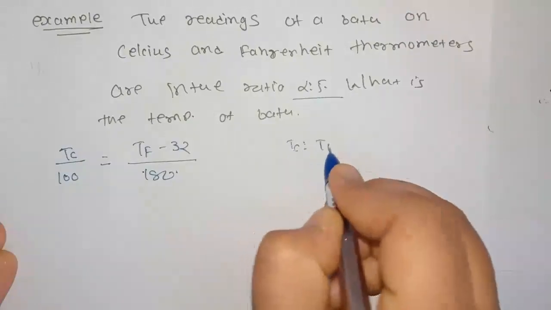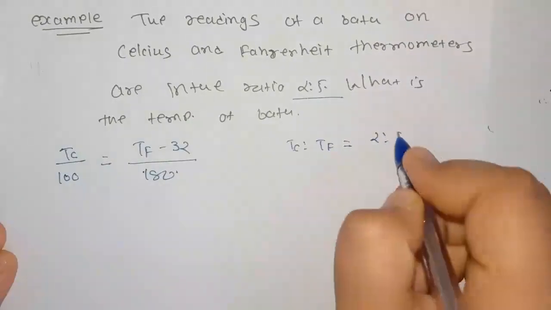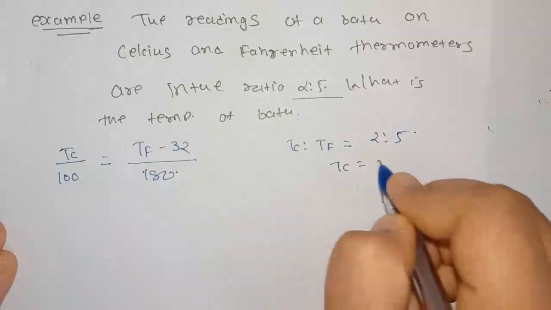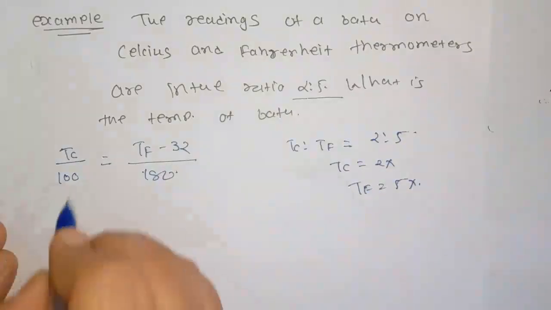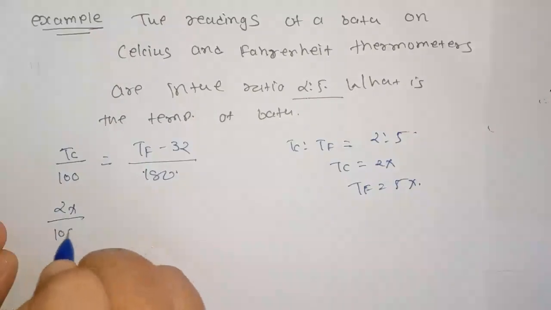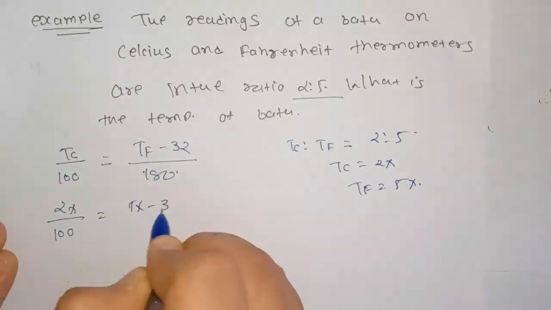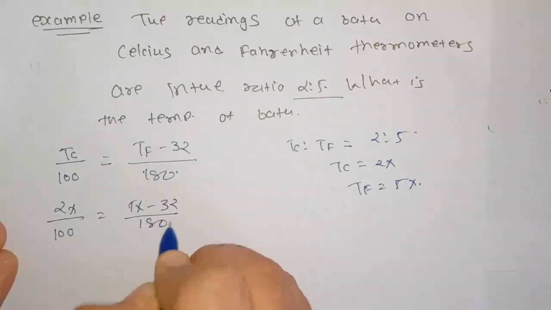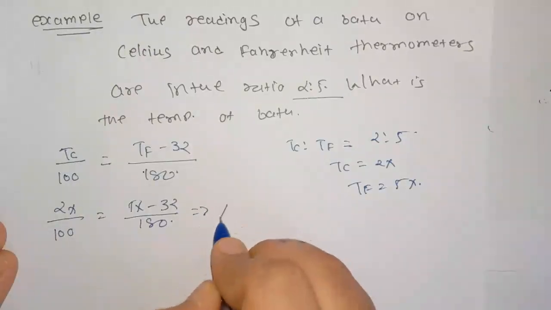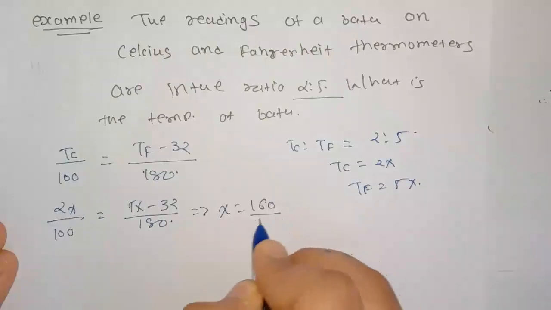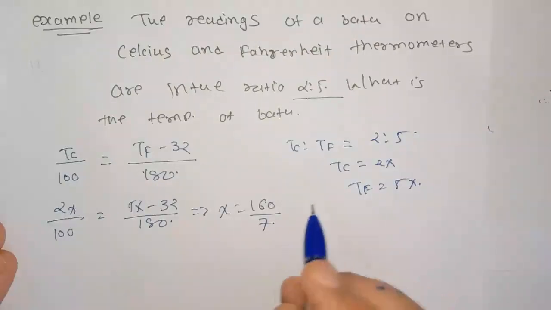Tc to Tf is given 2:5. So we can write Tc is equal to 2x and Tf is equal to 5x. So 2x upon 100 is equal to (5x minus 32) divided by 180. Simplifying this, we will get x is equal to 160 by 7.